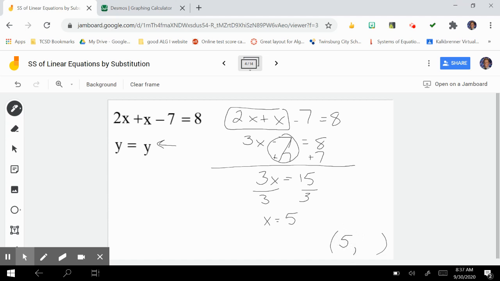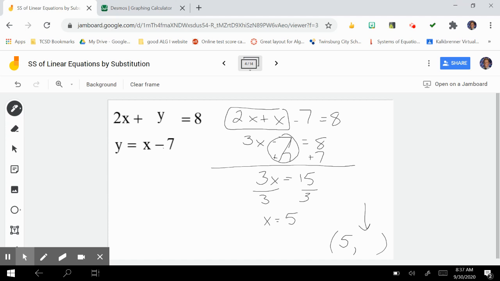How do I get my y? I'm going to go back to that original equation where I substituted out y, and I'm going to substitute y back in. So I'm back to my original problem. And now I have a choice to make. Do I want to work harder or do I want to work smarter? I'm searching for the y value.